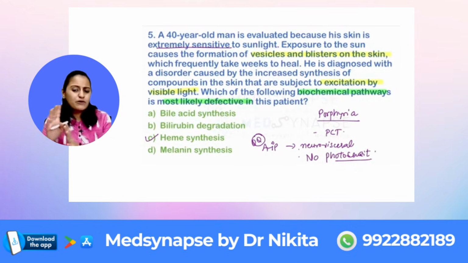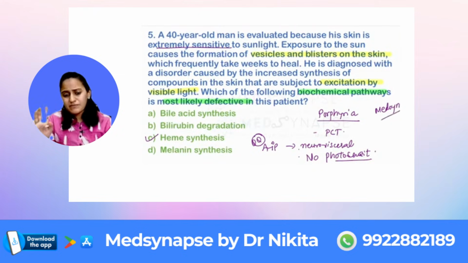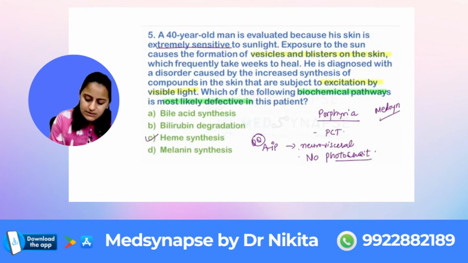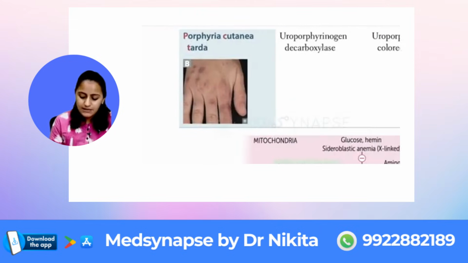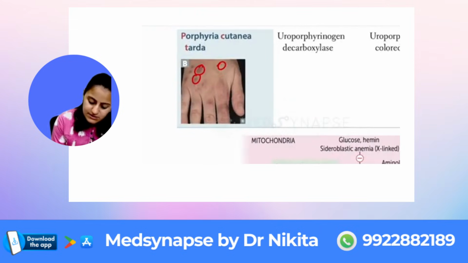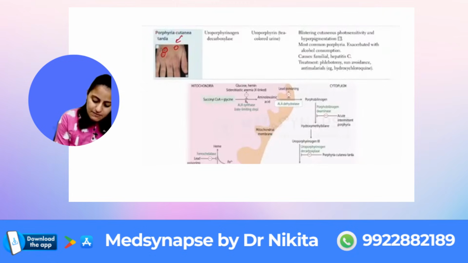We have discussed the topic of porphyria; it is available in the Radsynapse app in the main videos, in biochemistry. Do watch there. It is very important to remember the enzymes, which is dominant, which is recessive, and what the manifestations are. This is how the image is given on the dorsum of the hand, porphyria cutanea tarda. There are lesions here. The enzyme deficient here is uroporphyrinogen decarboxylase.